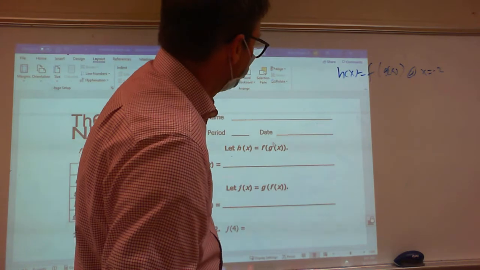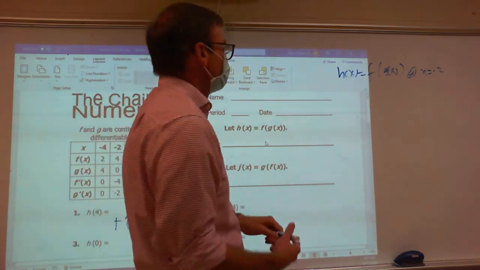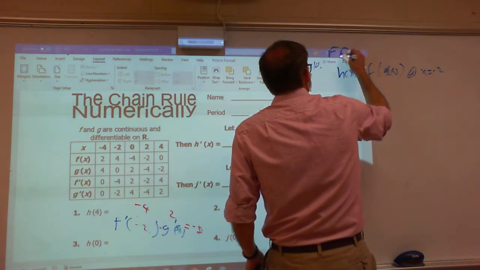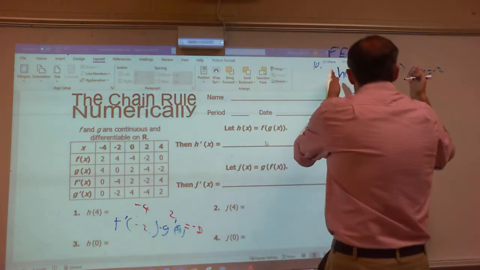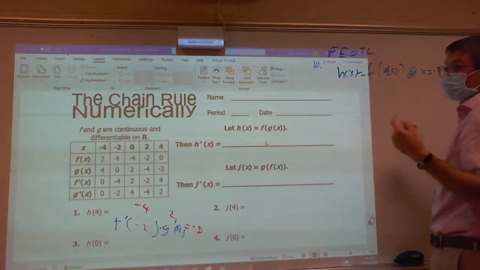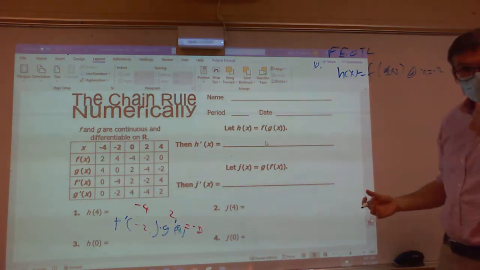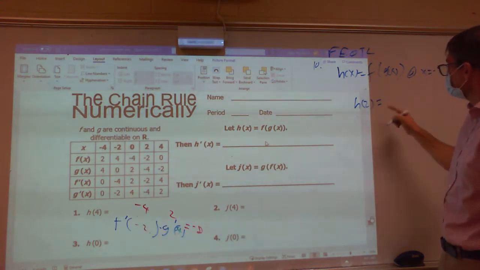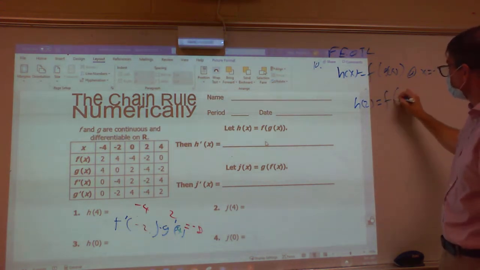All right, so back to problem 10. Problem 10 is find an equation of a tangent line to h of x at x equals negative 2. Well, I have to do the same thing. I need a point and I need a slope. So I need to compute what h of 2 is, which is, let's see, that's f of g of 2.